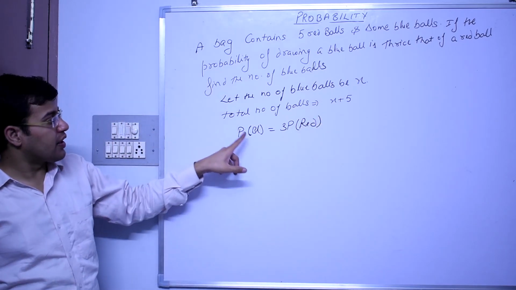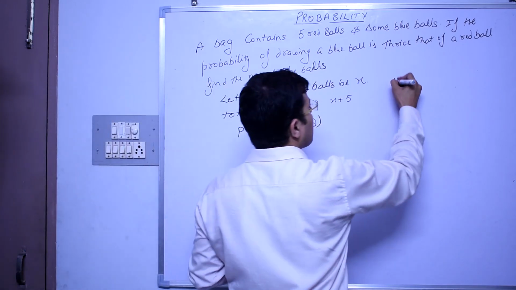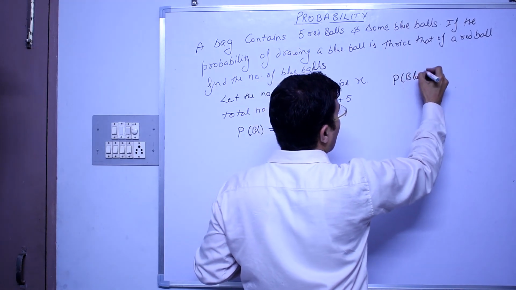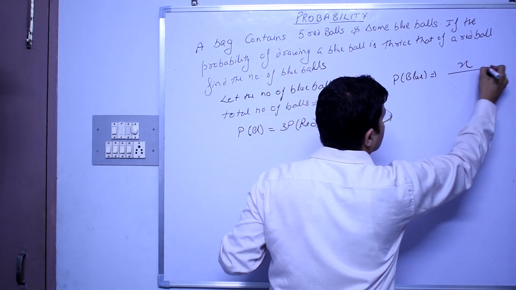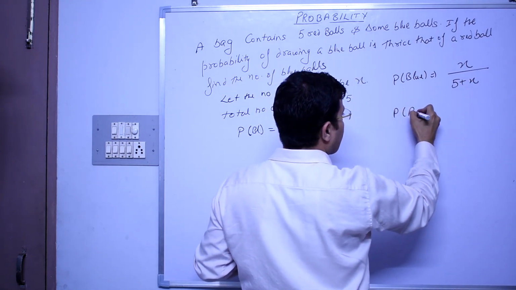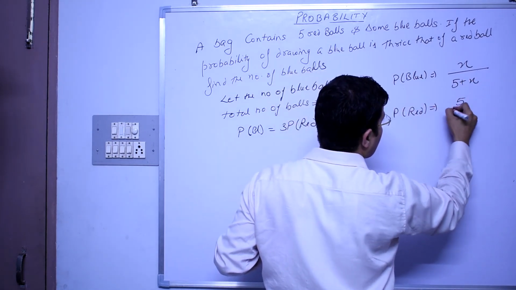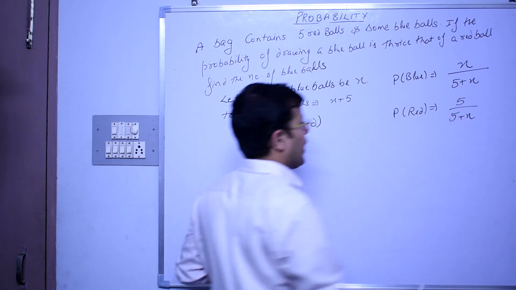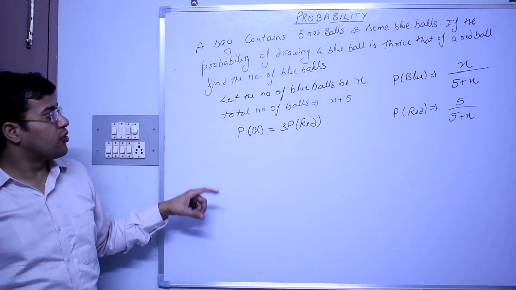So first of all, we'll write the probabilities. That probability of drawing a blue ball, since the number of balls which are blue are x, this will be x upon 5 plus x, and probability of drawing a red ball will be 5 upon 5 plus x. Now let us just put these values over here.